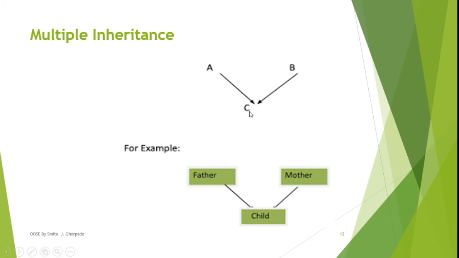C class will inherit the properties from A class as well as B class. For example, father and mother are two base classes, and from them a newly derived class is called the child class. So the child class inherits the features from father and mother, and the child has its own features also. So this is an example of multiple inheritance.